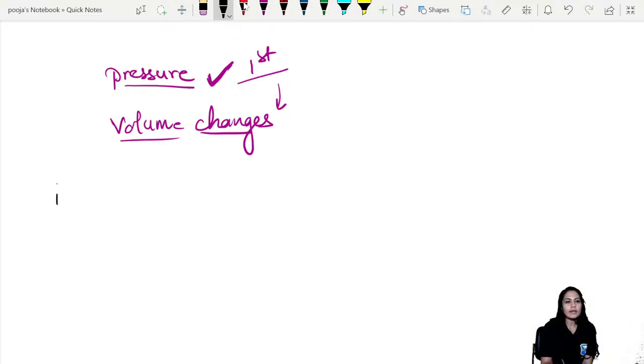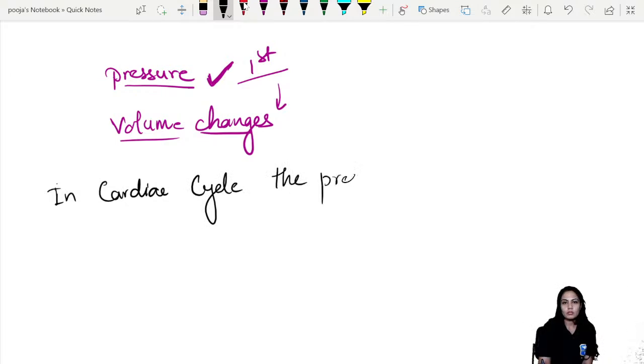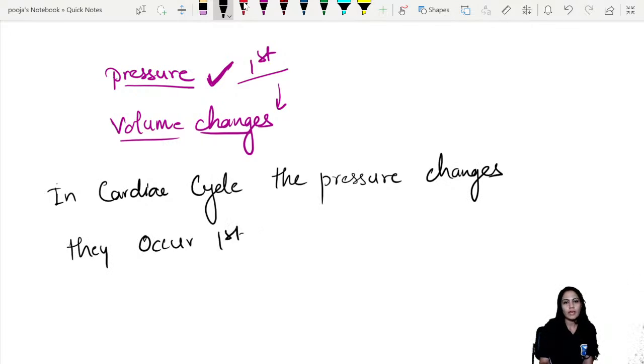So in the cardiac cycle, the pressure changes occur first, and then the volume changes.